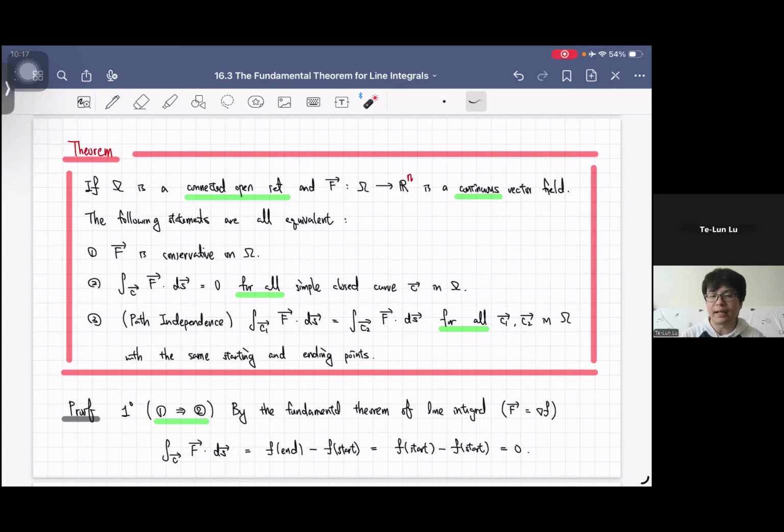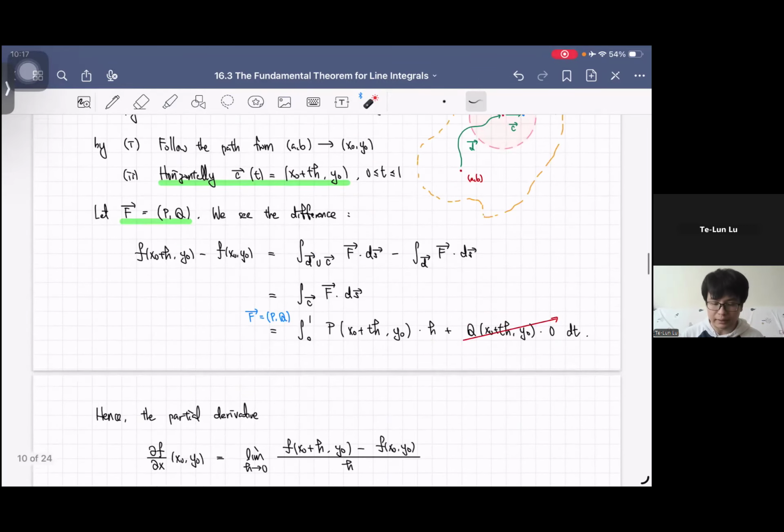However, to show that F is conservative, you have to show that for every simple closed curve the line integral is 0, which is in some sense not possible for a human being. You cannot exhaust every simple closed curve, right? So there should be a more practical way to do this, and there is indeed.